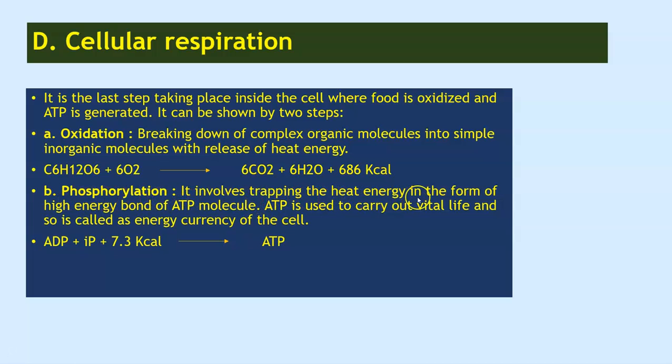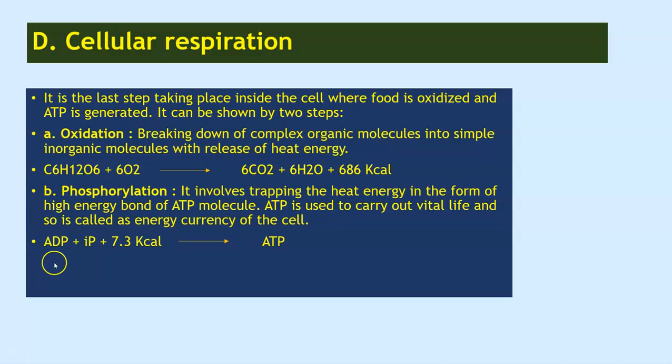And the next important step is phosphorylation. It involves trapping the heat energy in the form of high energy bond of ATP molecules. So this heat energy that is generated is going to be trapped into the high energy bonds of your adenosine triphosphate. ATP is used to carry out vital life activities, and so it is called the energy currency of our cell.